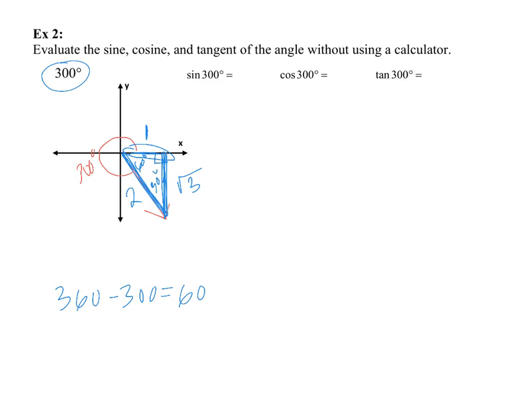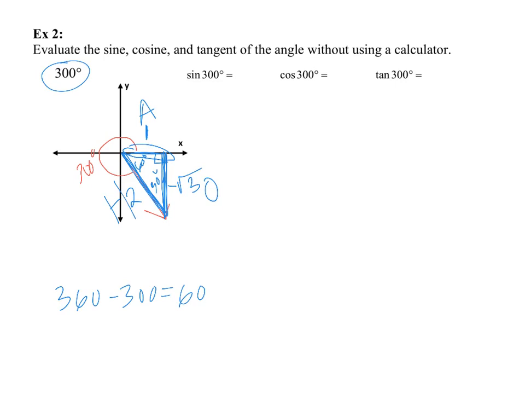Now I have everything labeled, I have my triangle, and I can answer the questions. I'm using my reference angle. Forget about the 300 right now. Use the reference angle, which is 60. Across from the 60 is your opposite, adjacent, hypotenuse.